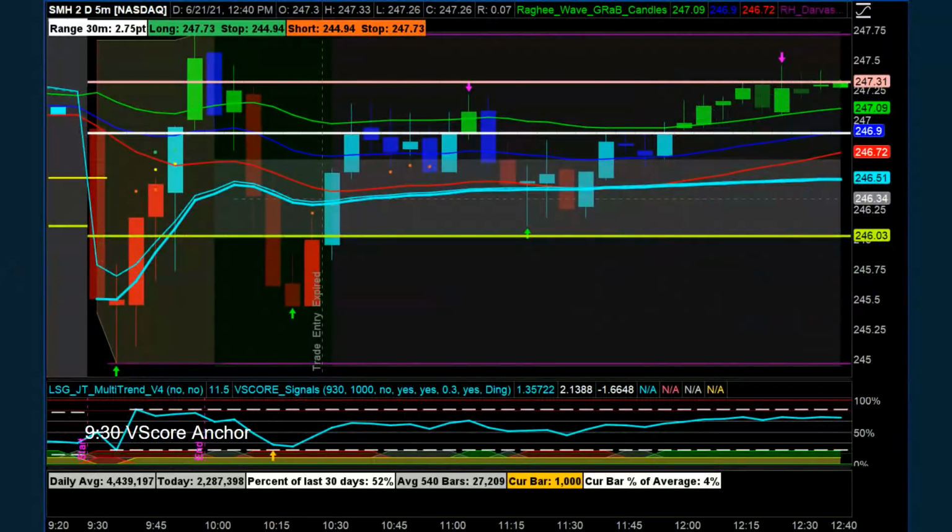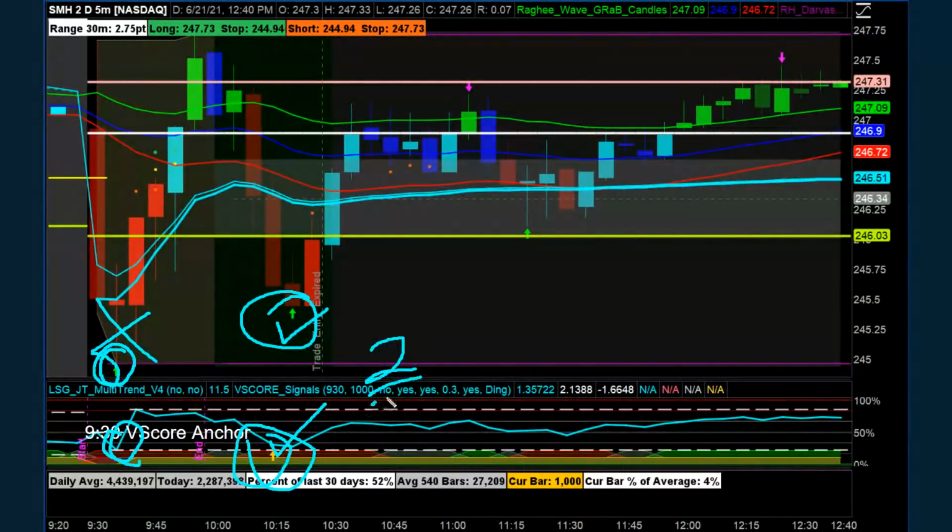Noticing certain moves right on the open will be keys to re-anchoring, and these are slight adjustments to these tools which give us really nice setups. V-score, price. Got really close to the V-score, price. So maybe you chose to forego this particular setup and wanted both the Darvis and the V-score signal, 2 criteria.